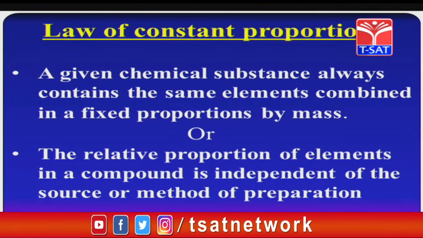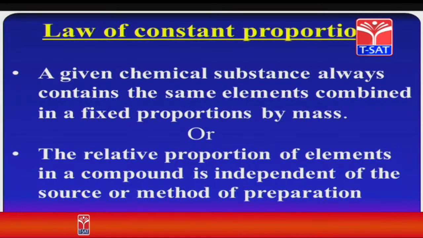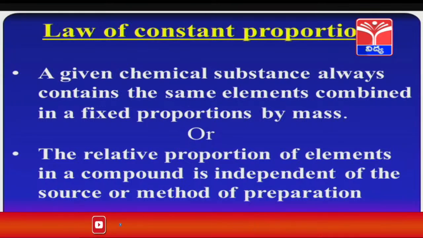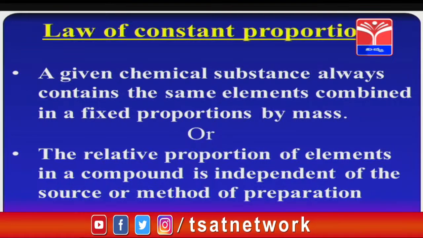In the earlier experiment we took a naturally prepared sample and a synthetically prepared sample, and we found that the same copper combined with a fixed amount of carbon and a fixed amount of oxygen in a fixed ratio.